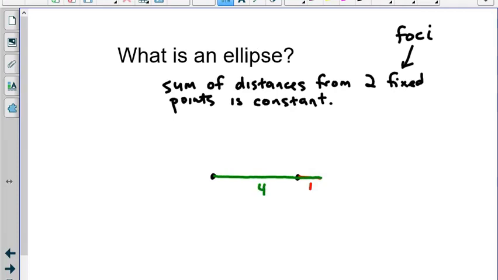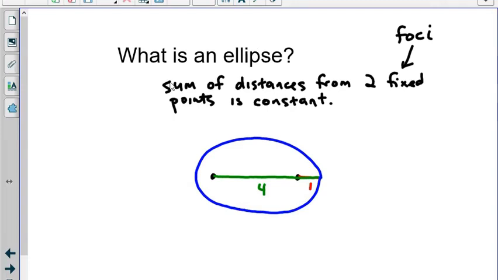So 4 plus 1 is 5. And everywhere we go along the ellipse, that's going to work out. So if we look at this particular situation, let's say that distance is 2, then this distance must be 3. So that's basically what an ellipse is.